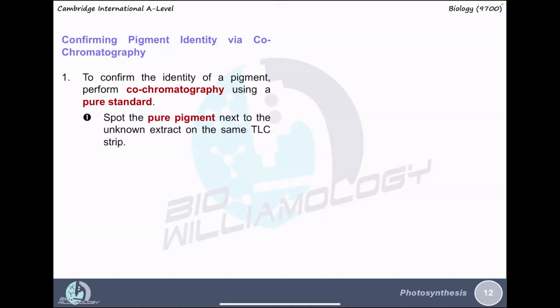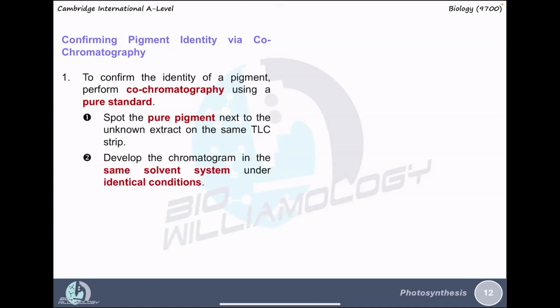We can always get a pure chlorophyll A, and then we use TLC strips or TLC sheets. Then we can have one spot for the pigment extract, the sample, and another spot for the pure pigment. We call this method co-chromatography.